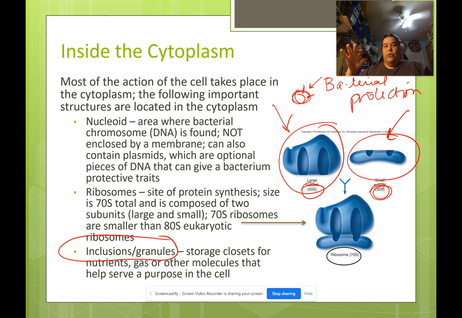Any other molecules that they will use, they can store in an inclusion. Again, it's a storage closet. You can call them granules because they look like granules in a microscope, but they're basically just a place to put things that we will find useful. I can't use them now, but I can use them later, kind of thing.